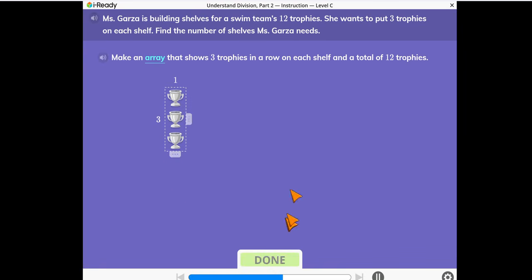You can drag across to show 3 trophies on each shelf. Then drag down until there are 12 trophies in all.